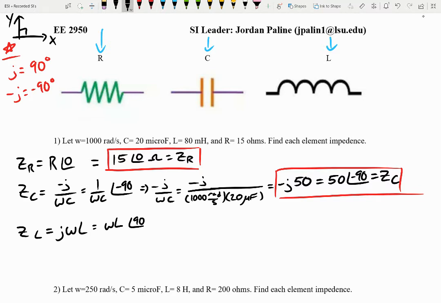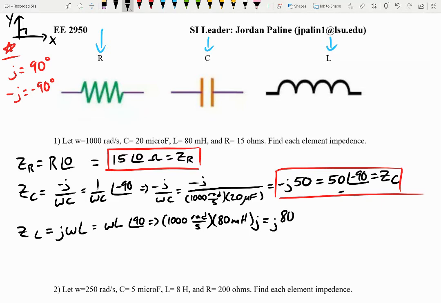All right, let's look at the inductor. So once again, we'll have 1,000 radians a second. The inductance value we have is 80 microhenries, and then drop that J in there as well. So when we do that, we'll get J 80.